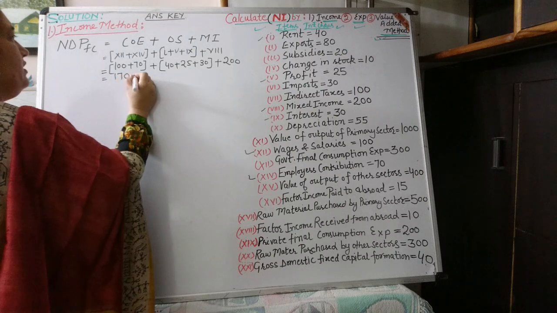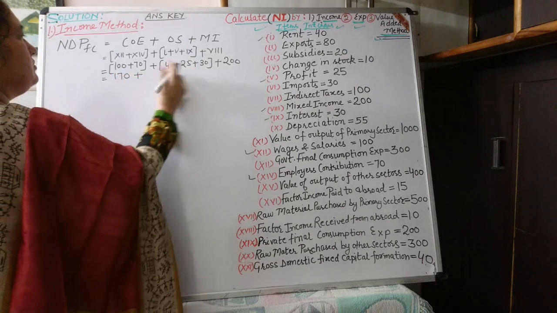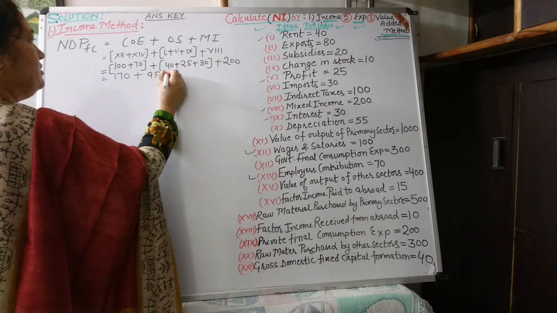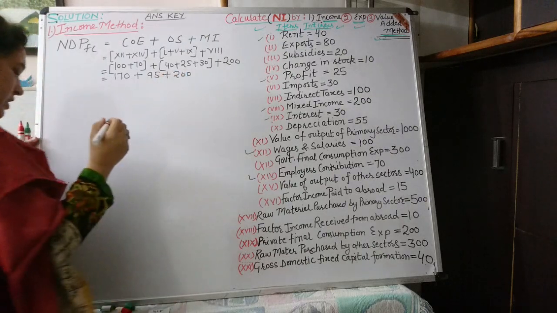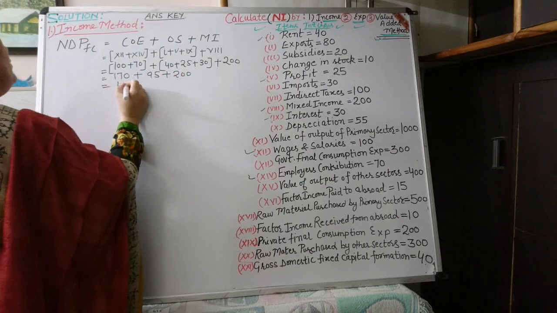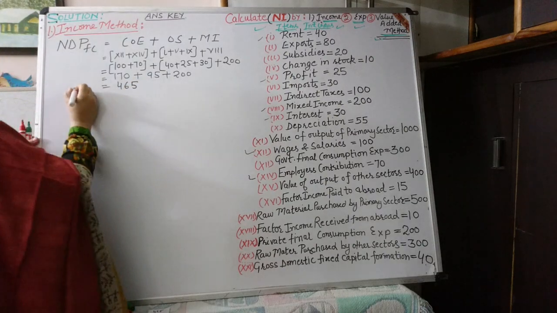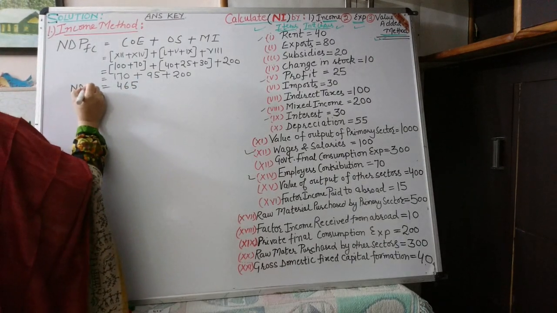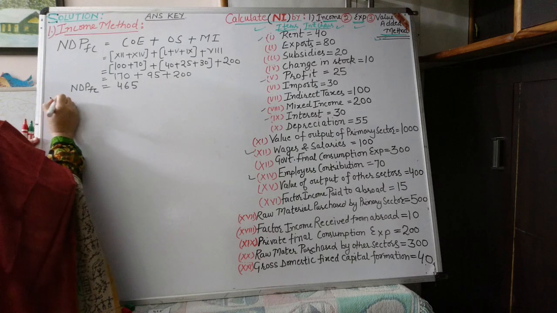So 170 plus 95 plus 200, it will be 465. So 465 is the value of NDP at FC and we have to calculate national income.